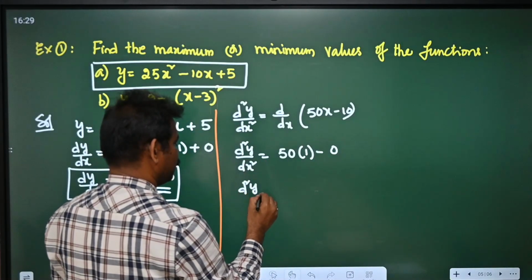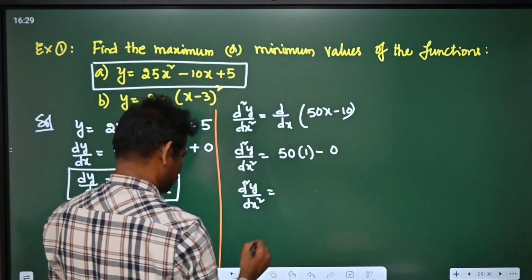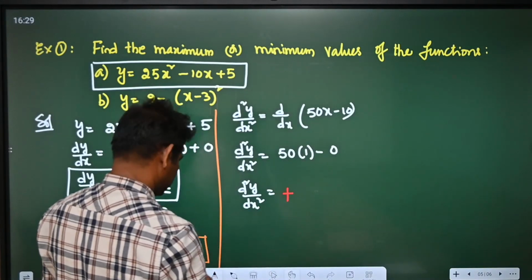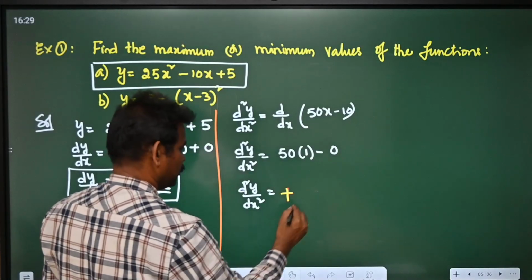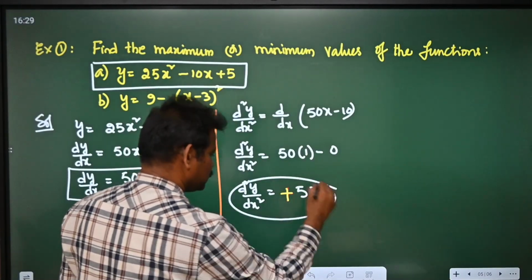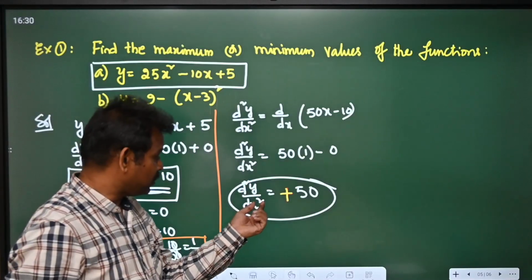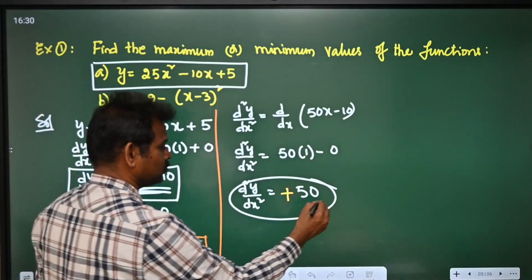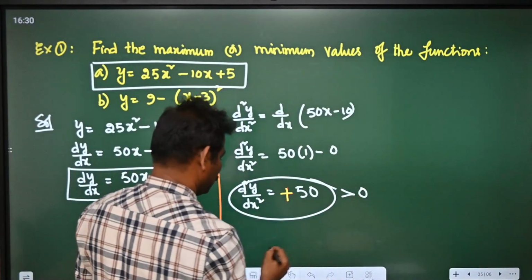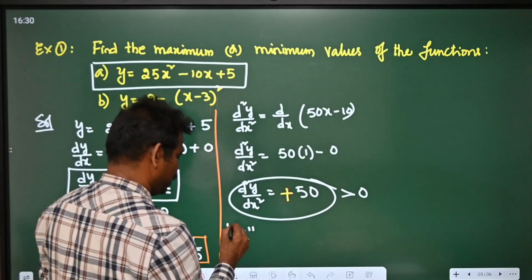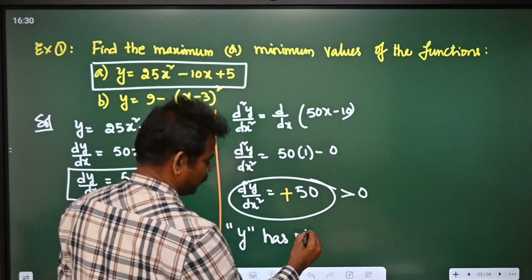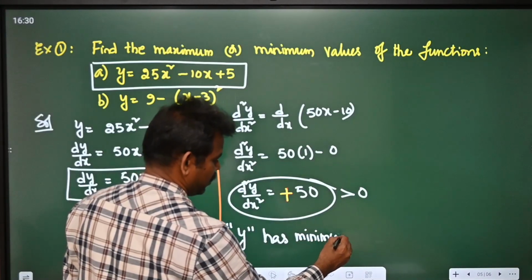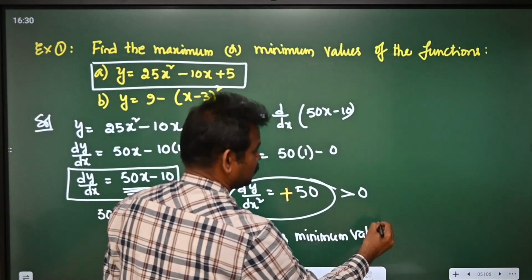So d square y by dx square is equal to plus 50. Students, when d square y by dx square is greater than 0, y has minimum value.